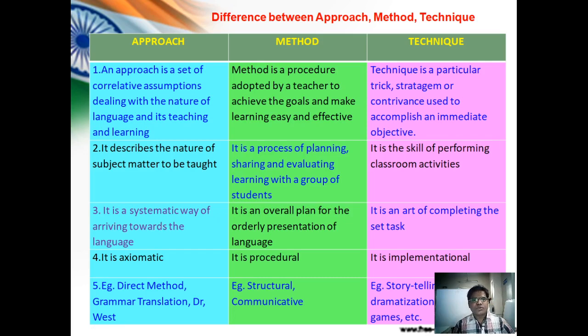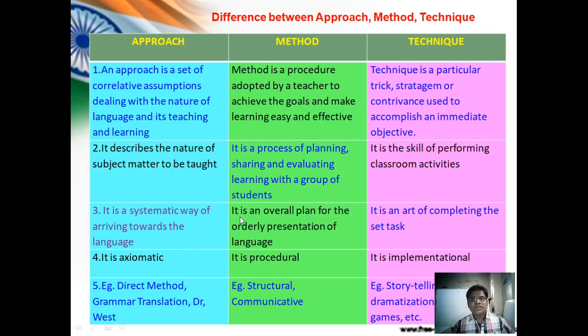In the communicative approach, more emphasis is given on the communication skill of the students or learners. And what do we have to learn? First of all, we have to learn communication, how the communication forms, and structure, how the structure forms, what are the different elements of the structure. Means it is the systematic way.